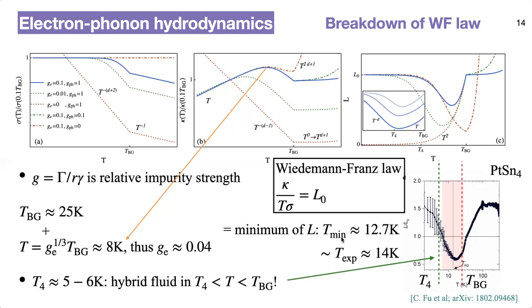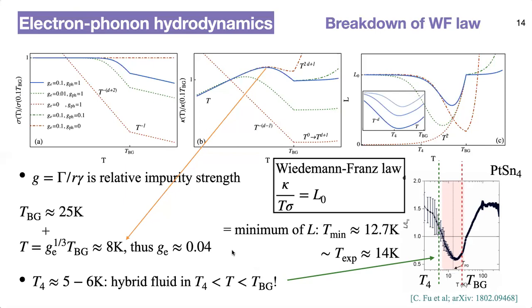Okay, another check on this experiment is by considering the T4 temperature. I want to mention again that the T4 temperature is not from the impurity scattering, but purely from the hydrodynamic equation. From this experiment, we can estimate T4 to be 5 to 6 Kelvin, and we find the strong variation of the Wiedemann-Franz law is indeed located between this T4 and the Bloch-Grüneisen temperature.